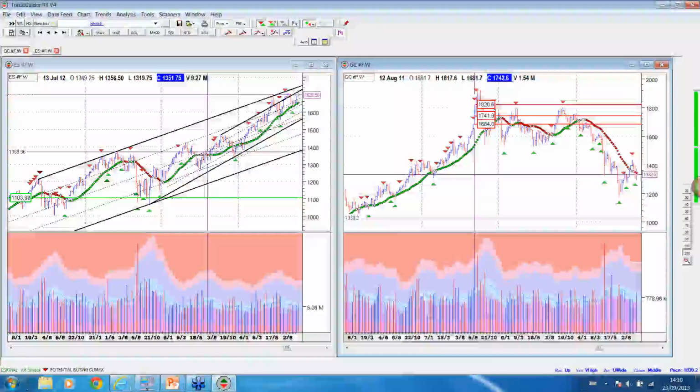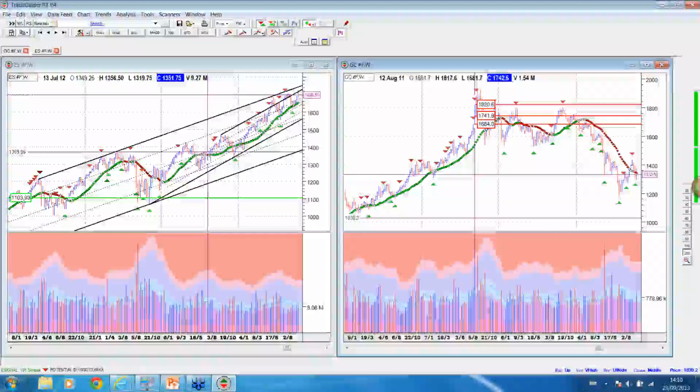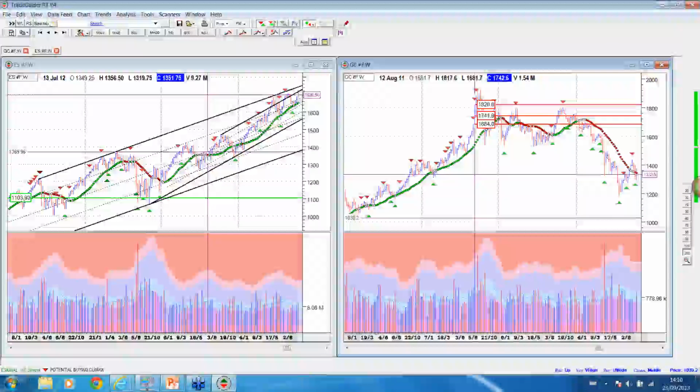Now there are 2 things I want you to write down, 2 rules. So if you've got a pen and paper, you might want to write these down. Rule number 1. When strength appears in the market, i.e. buying opportunities, it happens as the market falls on a down bar. And that's a price bar that's closed lower than the bar behind it.